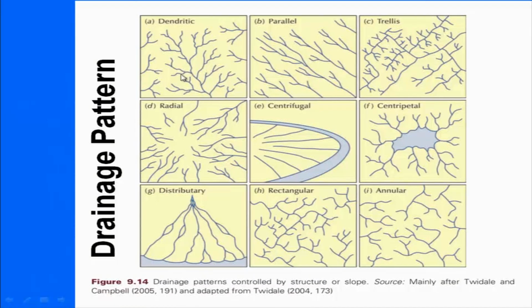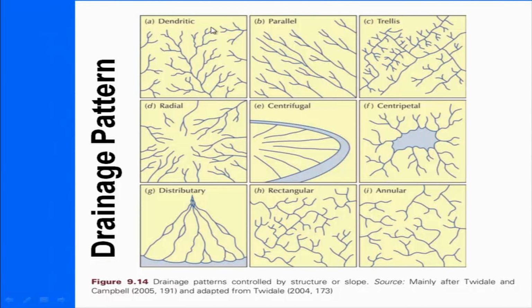Now, if you look at the drainage patterns, we have several such patterns, which are mainly a reflection of the subsurface geology, structure and slope. So the geology and the geological structure play an important role in the manifestation of the drainage pattern on the surface.